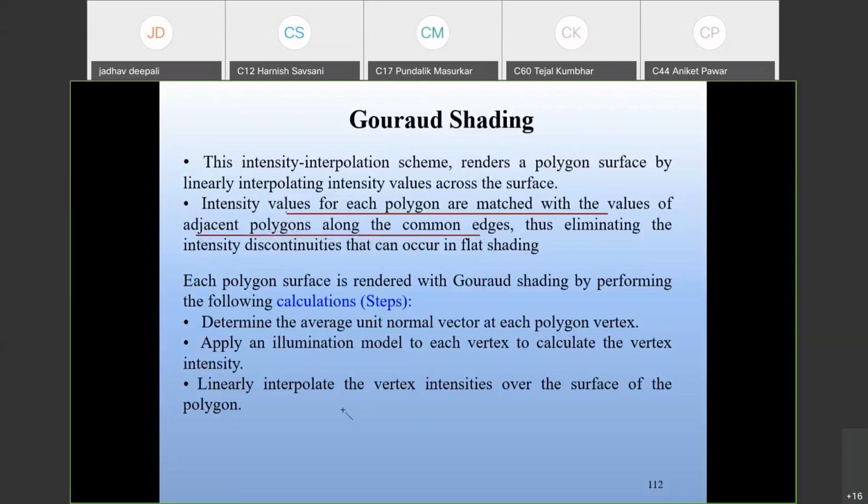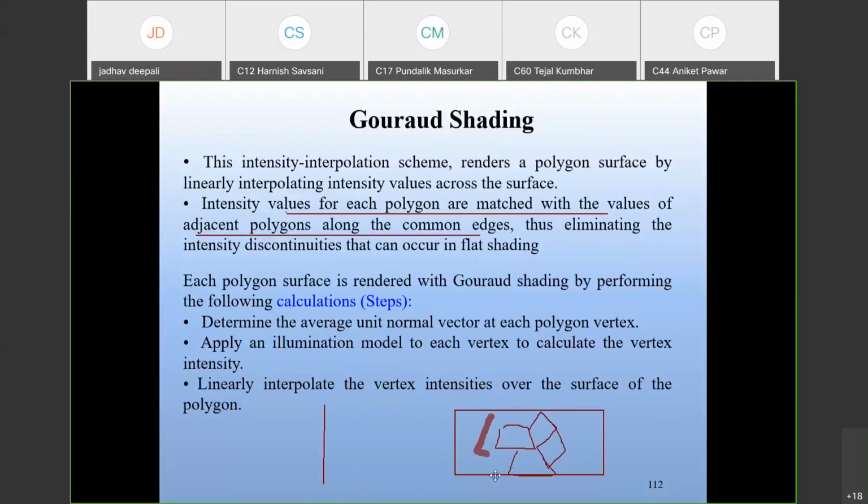Suppose for example we consider a scene like this. We consider a scene in which there are different polygons, vertices. So these vertices are, for example, like this. Suppose this is the first vertex, then this is the second one, then this is the third, this is the fourth.